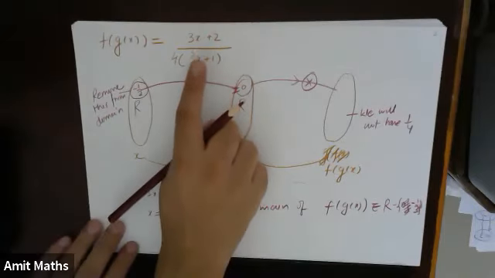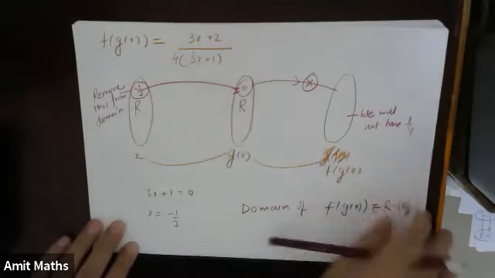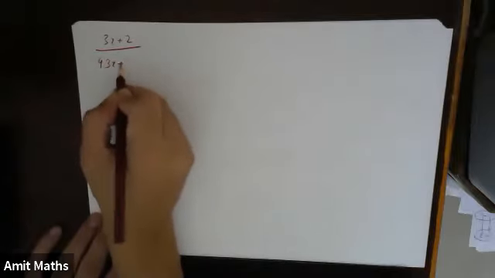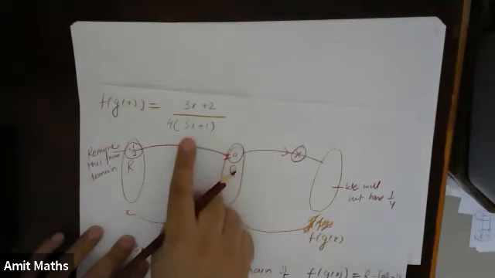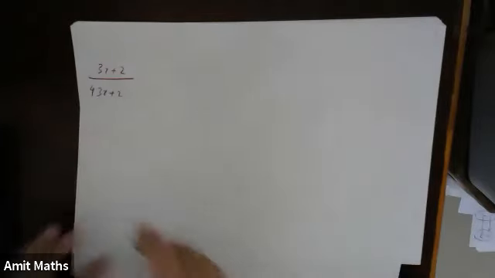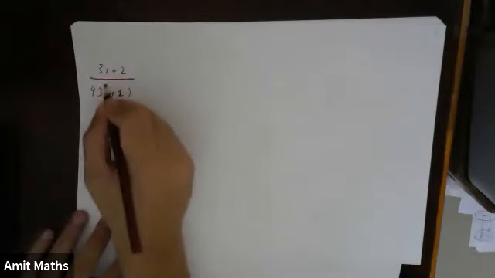We will find the range of this one. So we have (3x plus 2) upon 4 into (3x plus 1). Fine.